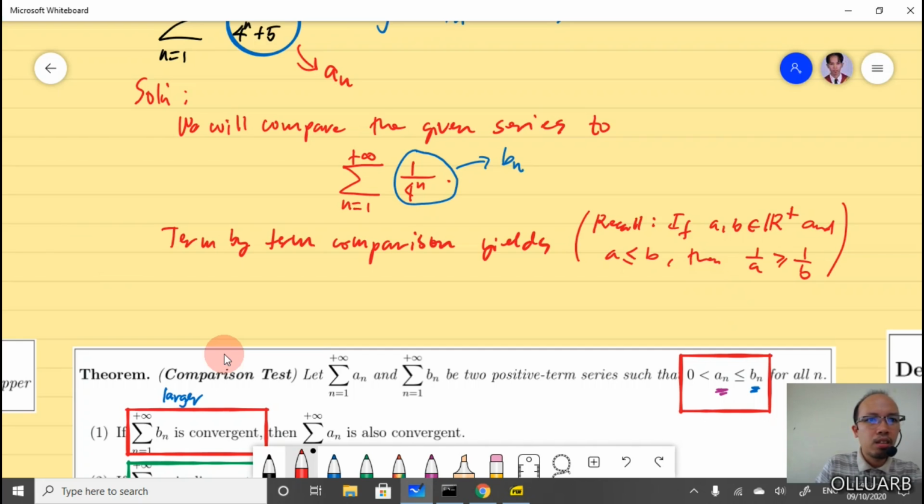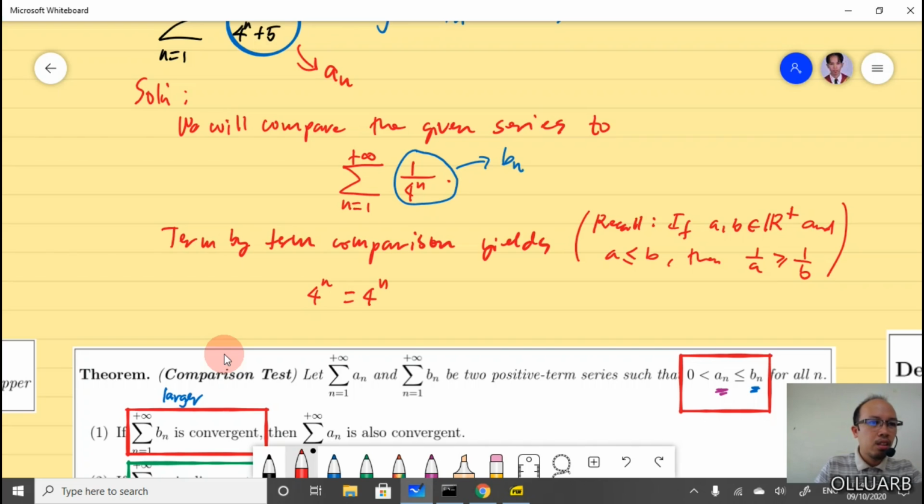Notice that it's very clear that 4 to the n is less than or equal to 4 to the n.